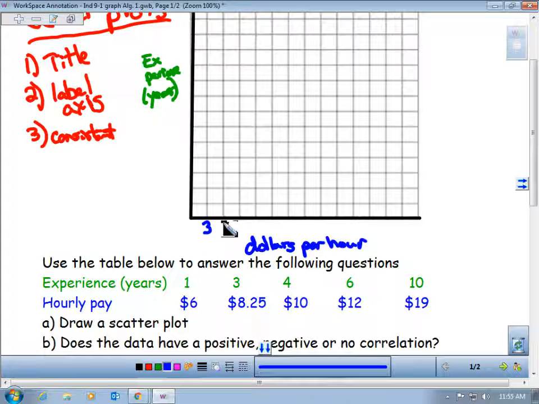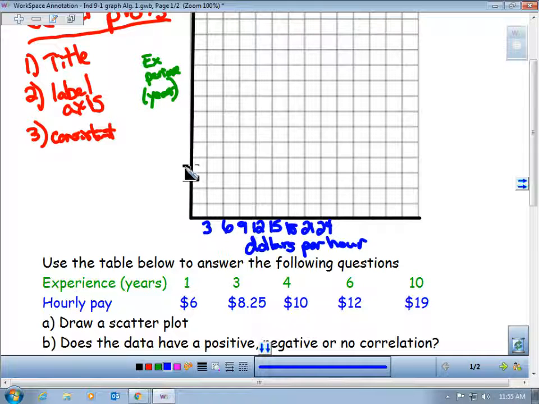So this will be 3. This will be 6. This will be 9. This will be 12. This will be 15. This will be 18. This will be 21, 24, and so forth. If you wanted to do every 2, you could do every 2. You probably don't want to do every 1, but some you may. You may want to go by 1s, 2s, 3s, 5s, whatever it is, maybe even halves in some situations. Whatever it is, be consistent.